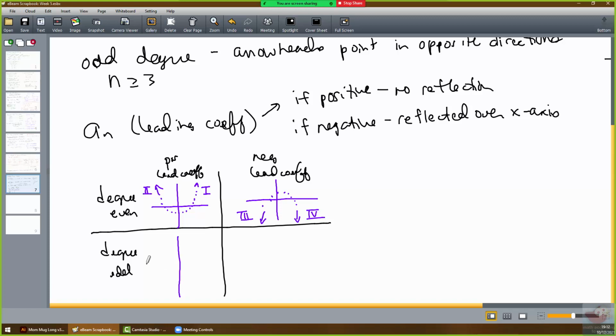If your degree is odd, the arrowheads point in opposite directions, but if the leading coefficient is positive, there's no reflection, which means your arrowheads end up in quadrants 1 and 3. So notice it starts negative but ends positive. However, when the leading coefficient is negative, that flips. So your arrowheads end up in 2 and 4.